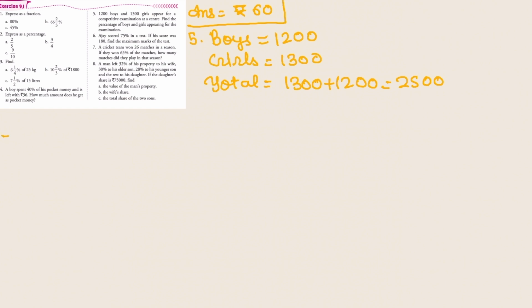So we have to take the percentage of boys first. What is the number of boys? The strength of boys is 1,200. And what is the total strength? It's 2,500. For converting into a percentage, we always multiply by 100. So the zeros will get cancelled out, and 100 by 25 is 4 times.